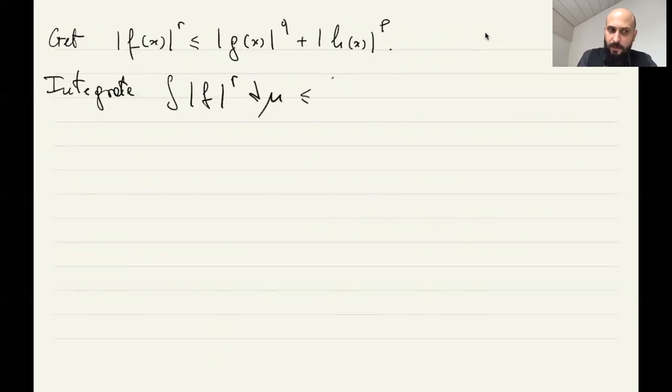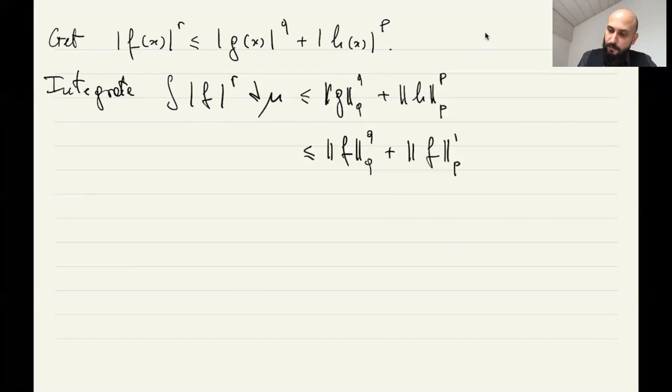This is less or equal to the q power of the norm of g, plus the p power of the norm of h. But g and h are smaller than f, so this can be bounded by the norm of f in q power plus the norm of f in p power. Now this is finite. So this is the case where q was finite.